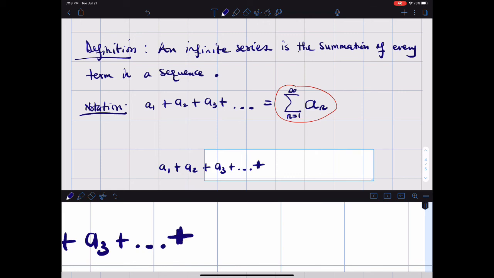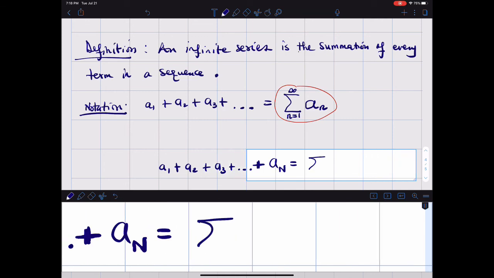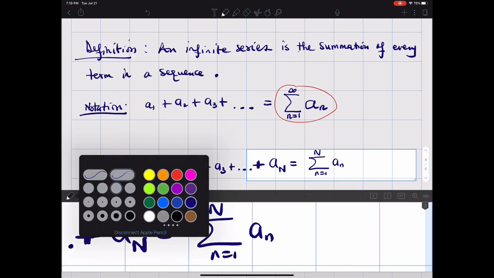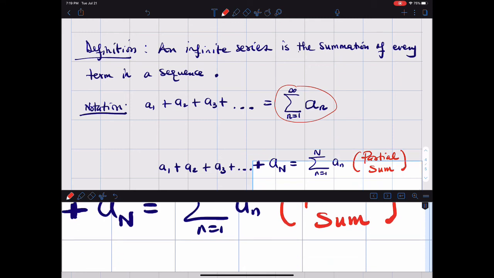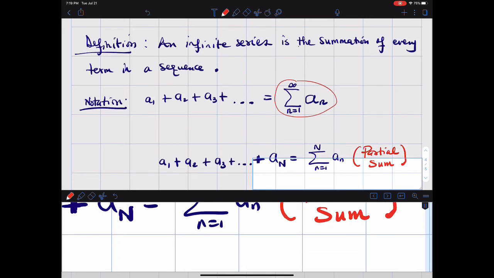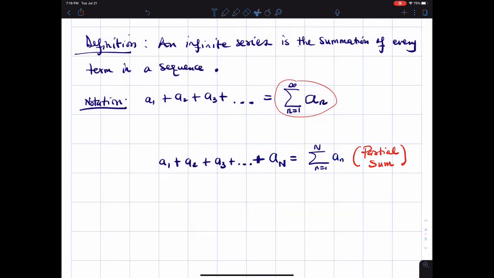Let's assume n is 10, say A10 or An, where n is 10, capital N. All right. So this would be summation n from 1 to capital N. Now this is called a partial sum of an infinite series.